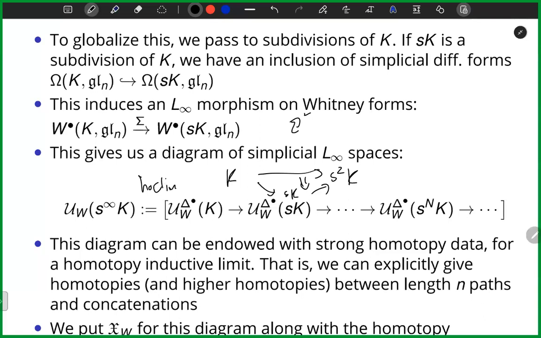But it's not necessarily very explicit. You might have to pass through zigzags, but here you actually give all the homotopy data. That gives you a recipe for the homotopy colimit. Yeah, exactly. You never have to say ho-colim if you don't want to.